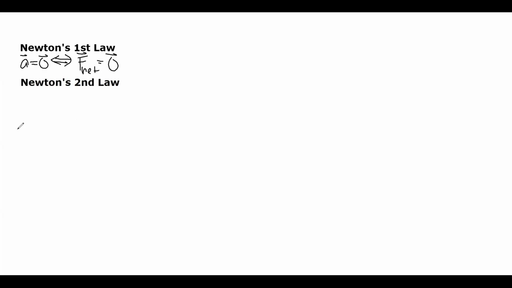Well, it just says that if the acceleration is non-zero, then that's equivalent to saying that F net is non-zero. But if you think about it for a second, Newton's second law says more than this. Because if one thing zero makes the other thing zero, then one thing non-zero making the other thing non-zero doesn't specify how they're related. It just says that they're non-zero.